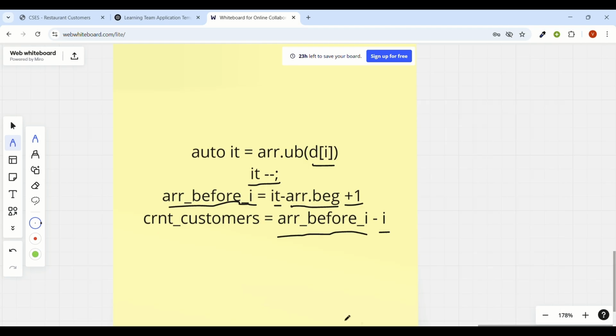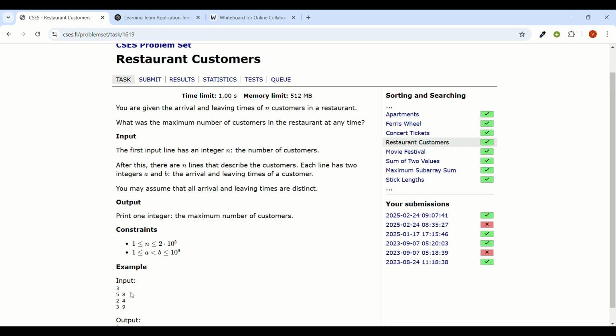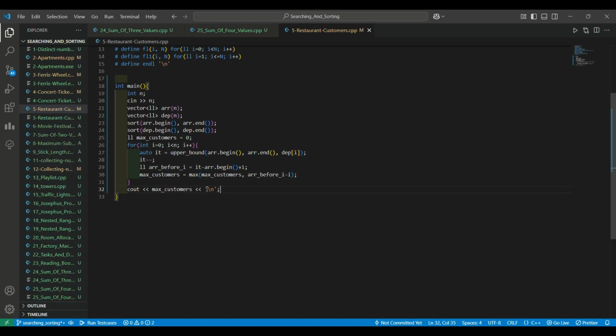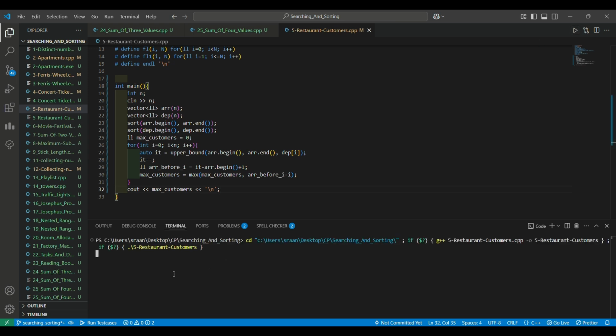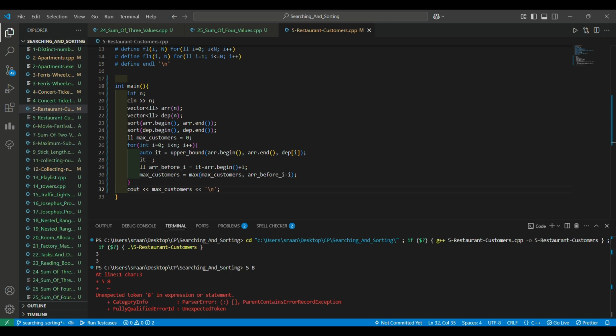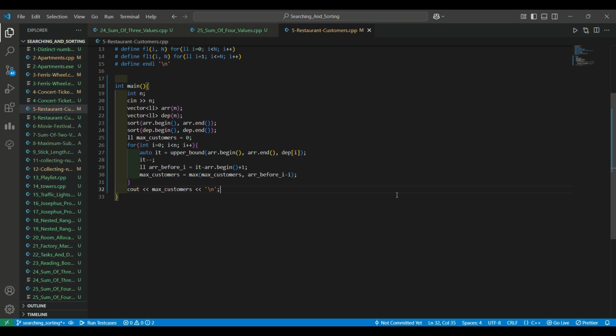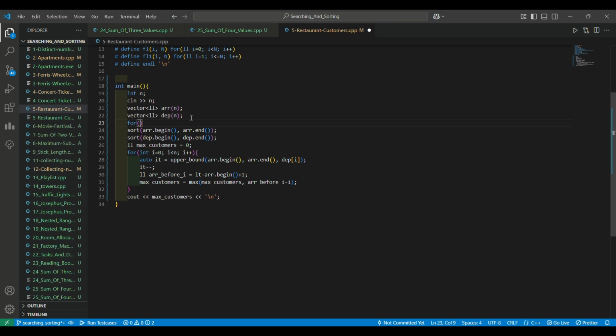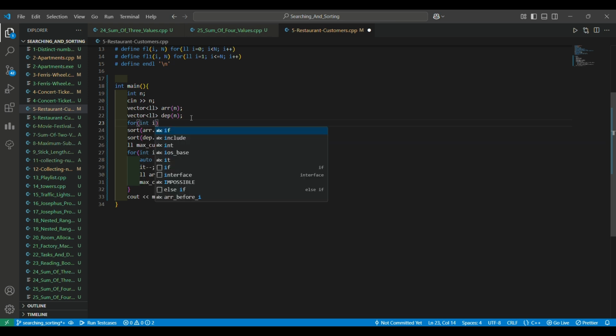Let's test it for the base case. We made a small blunder. We haven't taken inputs for arrival and departure.